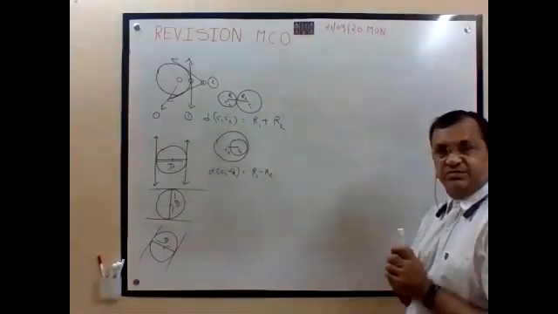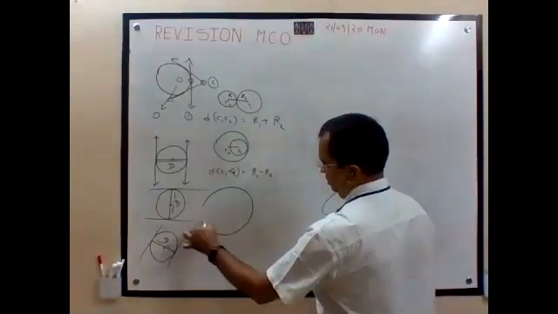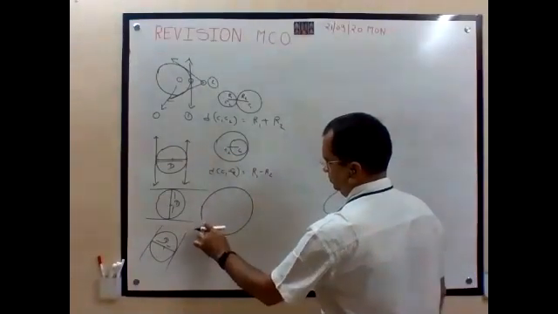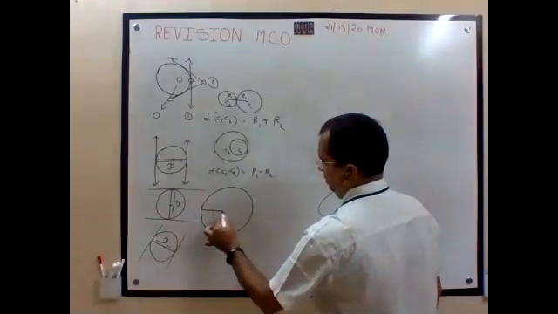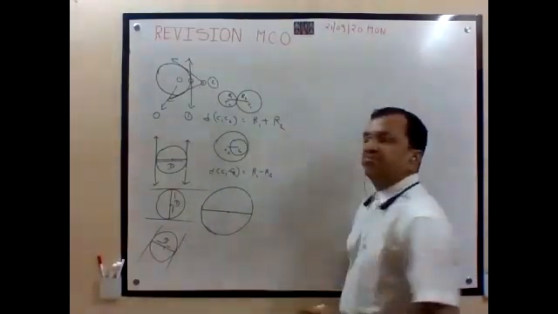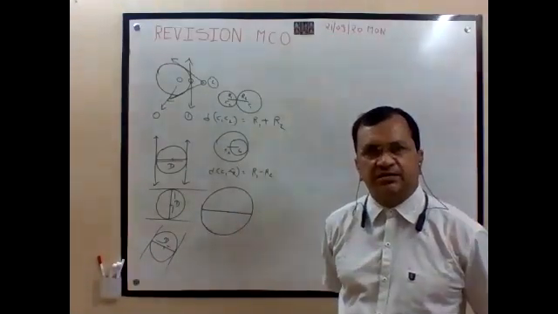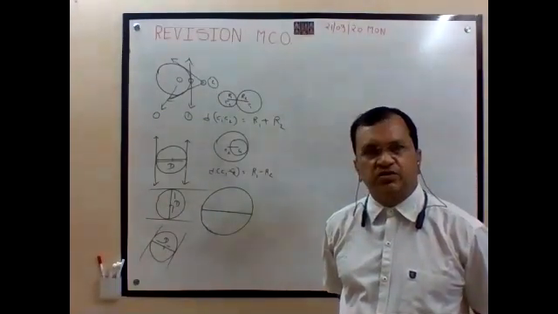Angle inscribed in a semicircle. This is a circle. Semicircle means by a diameter, the circle is divided into two parts.